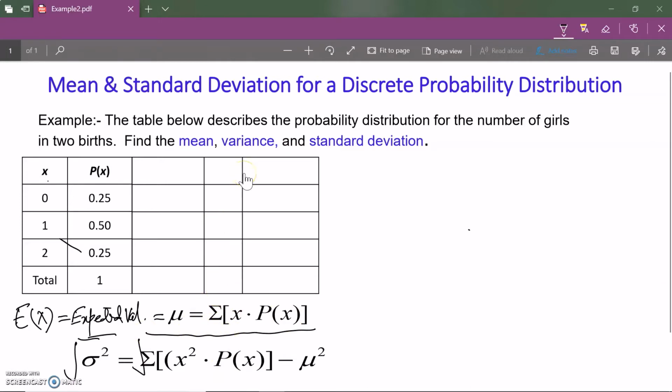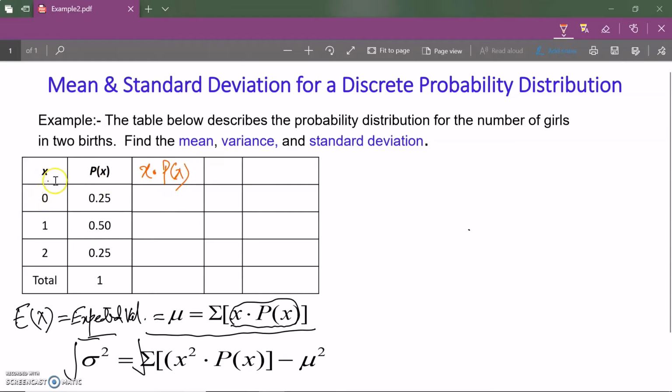Now we're going to work on computing the mean, variance, and the standard deviation. Let's look first at the formula for the mean. What I need first is x times p of x. In this table, I don't have it, so I'm going to compute x times p of x first.